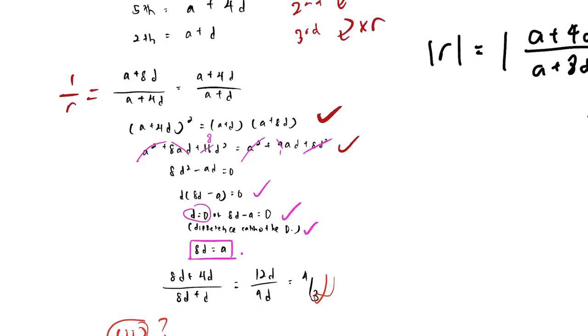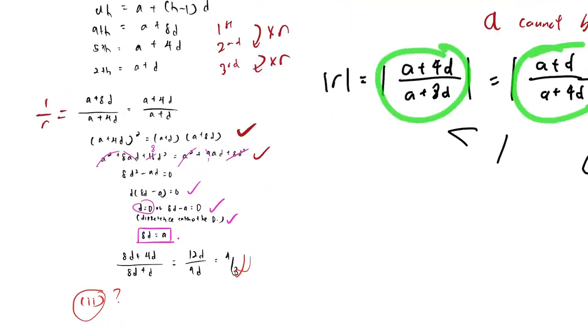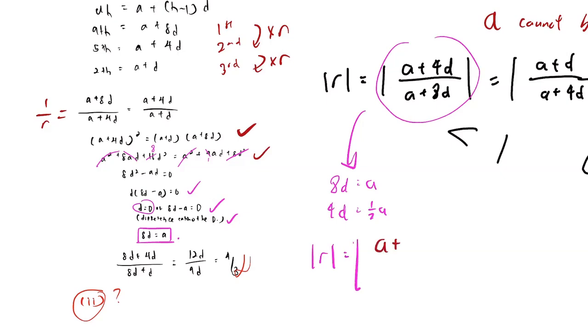Then our goal is to find what? Show that the modulus of r is less than 1, so either of these fractions is less than 1. Now that we know 8d equals a, we can use this fraction. 8d is equal to a, so that means 4d is equal to half a. Then substituting in, we get modulus r equal to modulus of a plus 4d, being half a, divided by a plus 8d, being single a.